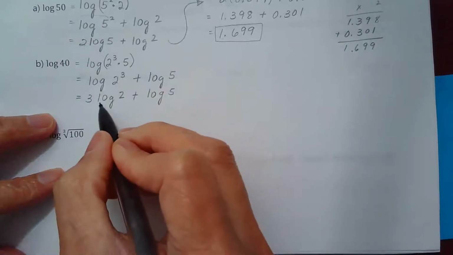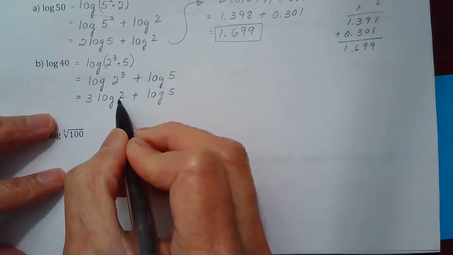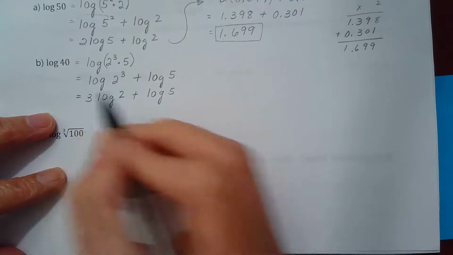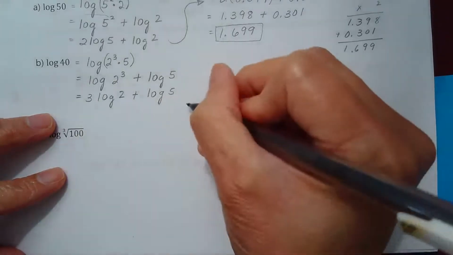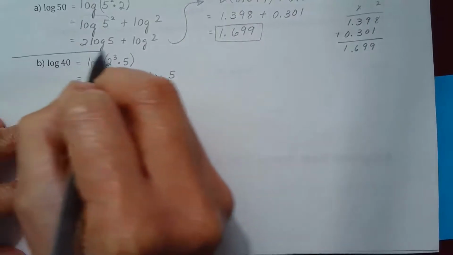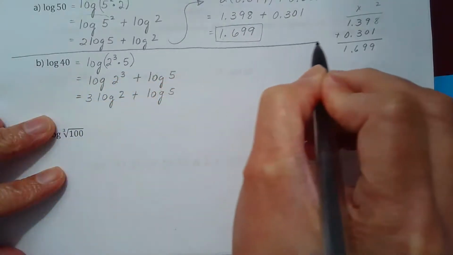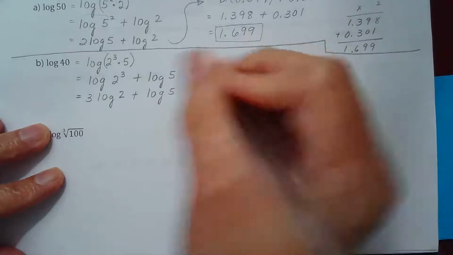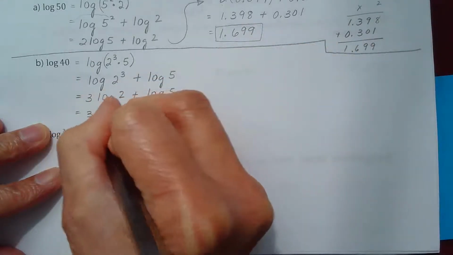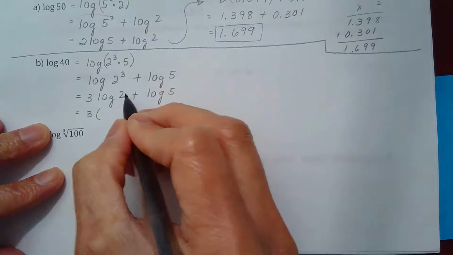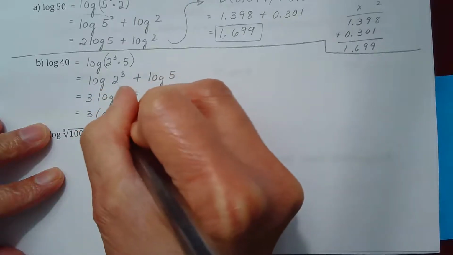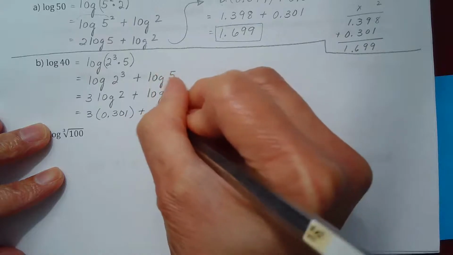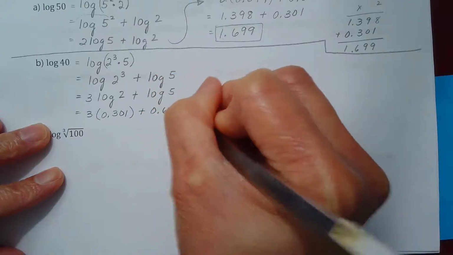And I can say, oh, okay, log of 2, I know what that number is. I just got to multiply by 3. And I know the log of 5. So I can go 3 times log of 2. Log of 2 is 0.301, plus log of 5 is 0.699.